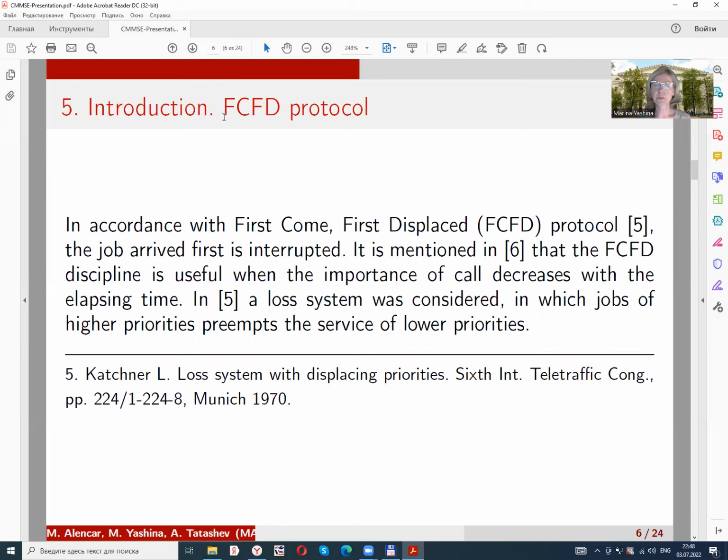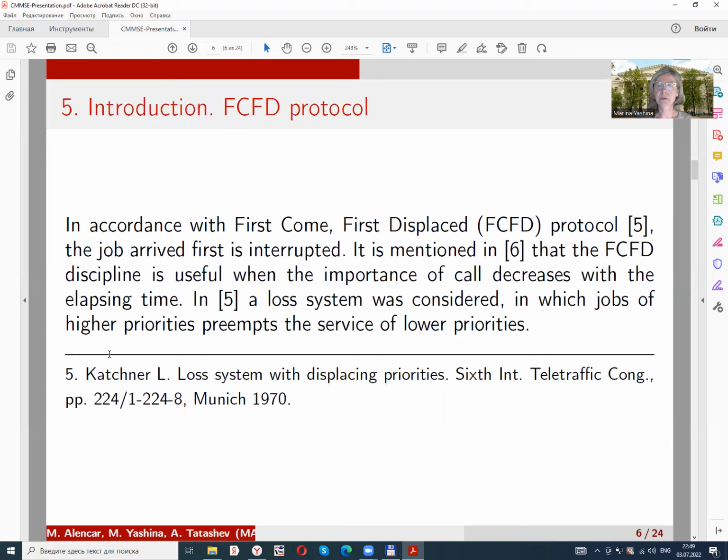In accordance with the first come first displaced protocol, the job that arrived first is interrupted. In the paper [5], it is mentioned that the FCFD discipline is useful when the importance of a call decreases with elapsed time.